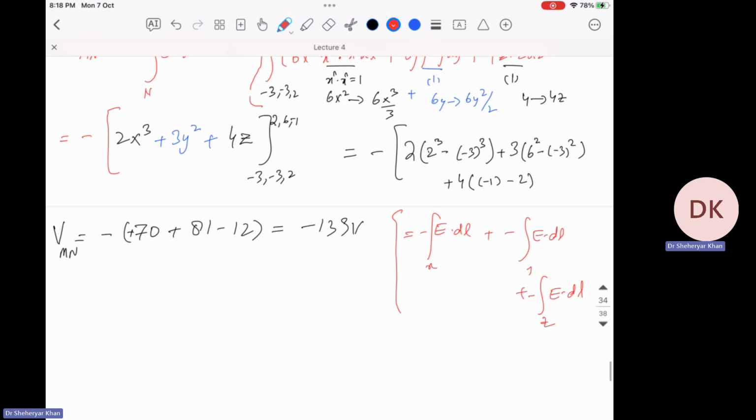For the B part, Vm, if voltage is 0 at Q, then that means that the voltage at Q is equal to 0.